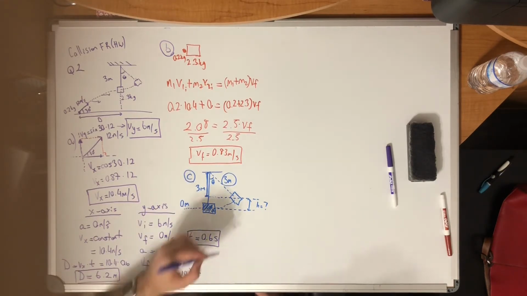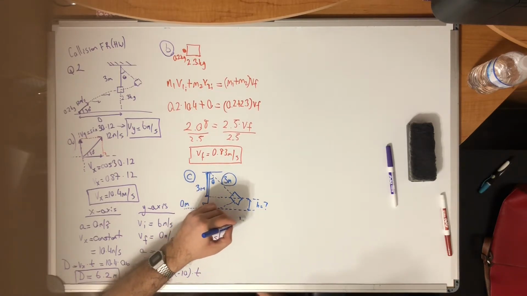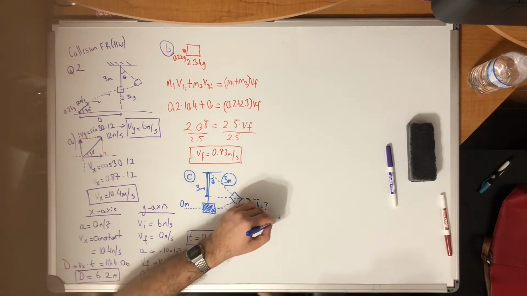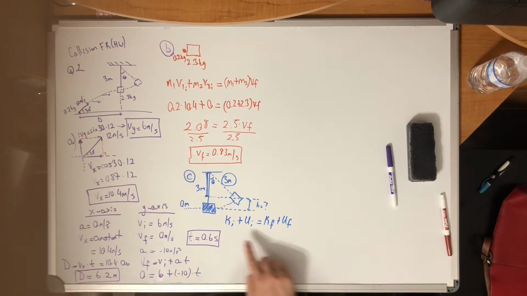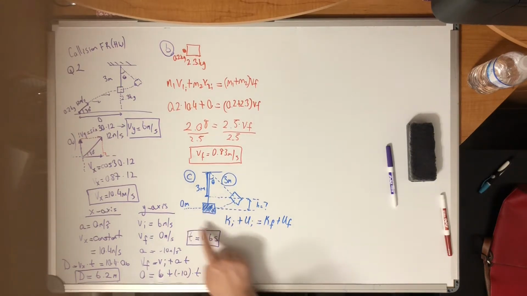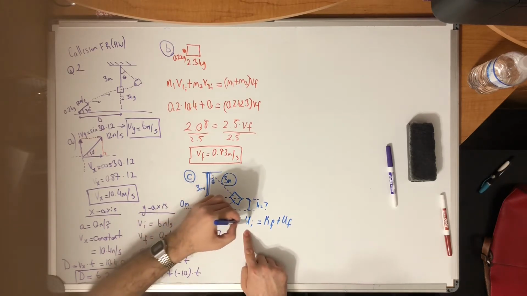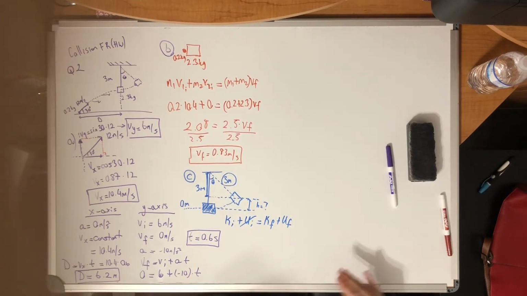So conservation of energy states that kinetic energy initial plus potential energy initial must be equal to kinetic energy final plus potential energy final. So if I state my lowest point as 0 meter, then initially I'm not going to have any potential energy, because remember, gravitational potential energy is about height. If you have no height, then you have no gravitational potential energy.